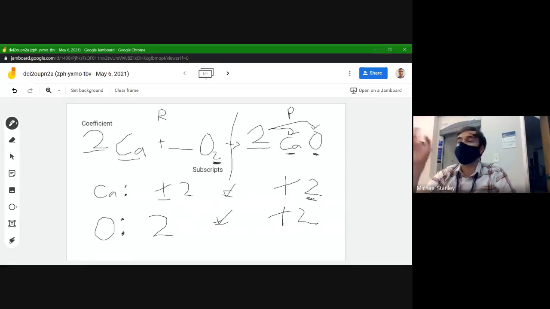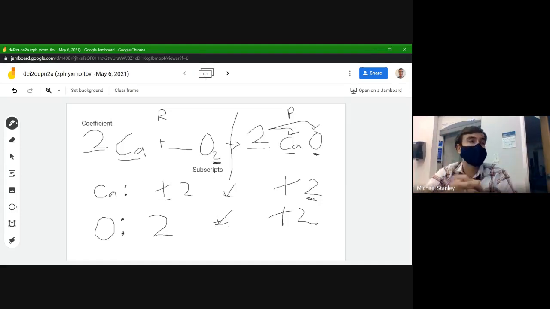Awesome. And Robert asked a good question a little bit earlier as well. He asked about this oxygen right here. If you don't need to do anything with the coefficient, if you make it to this balanced stage right here and you never had to change the coefficient on oxygen, you can just leave it blank.